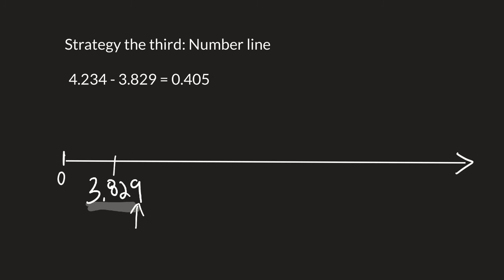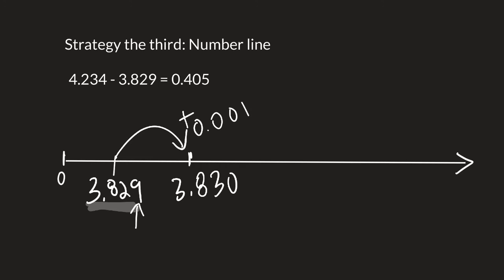Okay, so let's start adding up. Let's add 1,000th to make this easier. So let's add 1,000th, 0.001. Because if we add 0.001, this decimal now becomes 3.830. I don't even have to add the 0. Makes it easier, right? Now let's add hundredths.